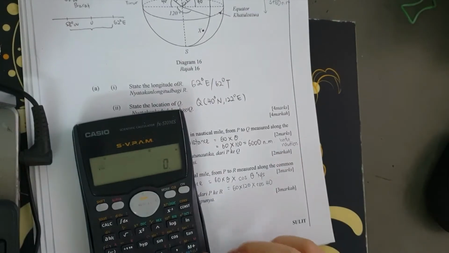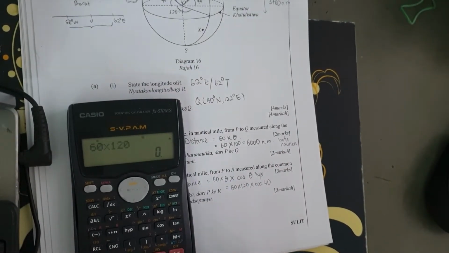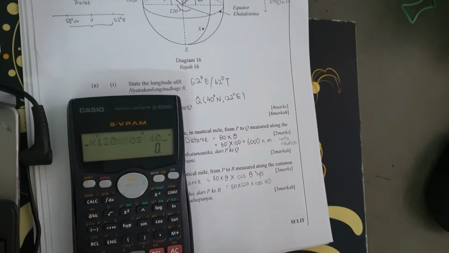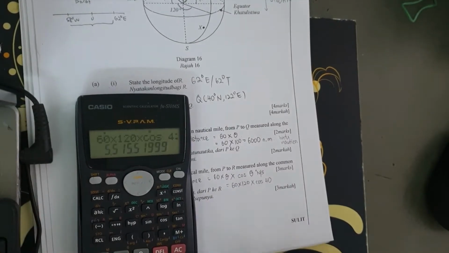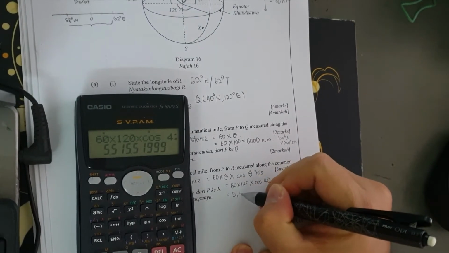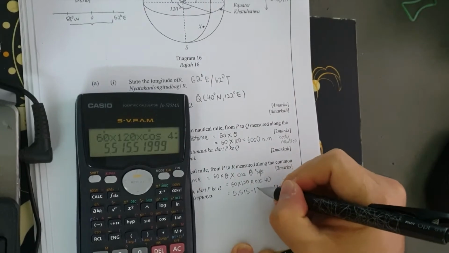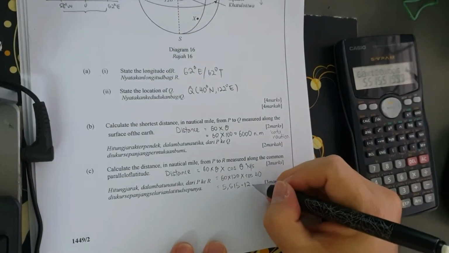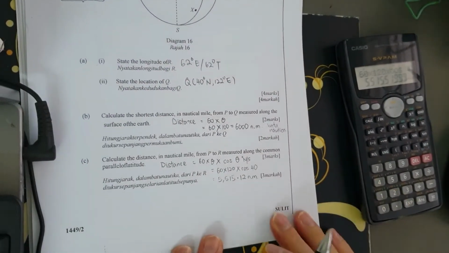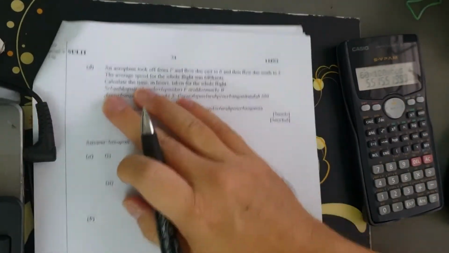So you take 60 times 120 times cos 40. So the answer is 5,515.12 nautical miles. Right? Good. Turn to the next question.